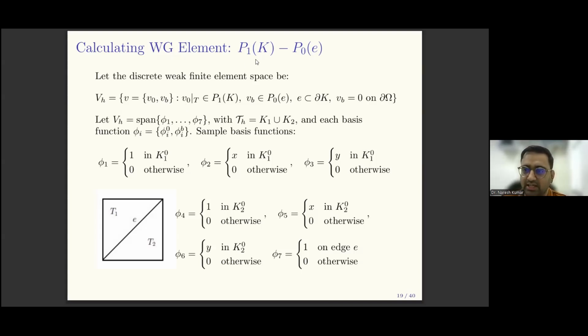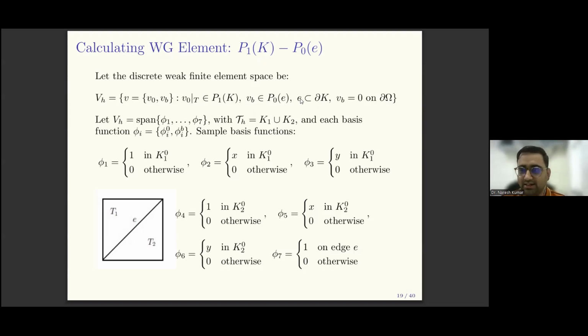Here I already told you we are taking just P1 polynomial and P naught polynomial. When you restrict v naught on an element, it is approximated by P1, and when you restrict on edges, it is approximated by a constant polynomial. Because we are taking the homogeneous boundary, I define vb equal to 0 on the boundary. So this is our Vh space.